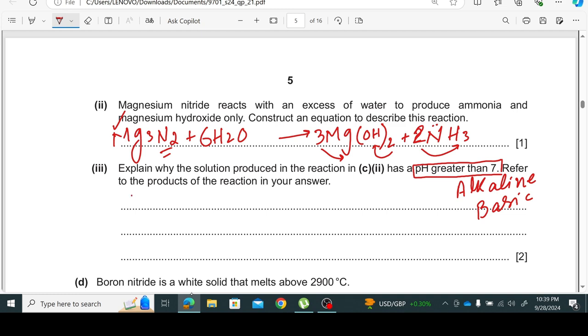Magnesium hydroxide is producing hydroxide ions. That is the reason it is a base. And the other thing, ammonia gas, is also a base because it carries a lone pair of electrons.